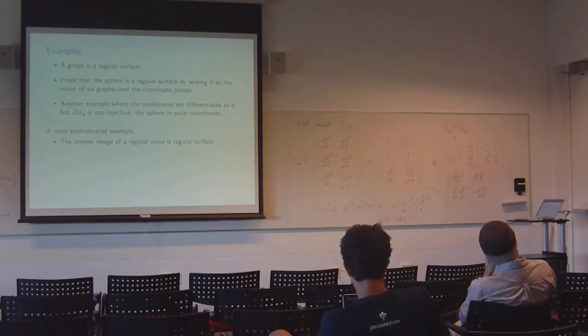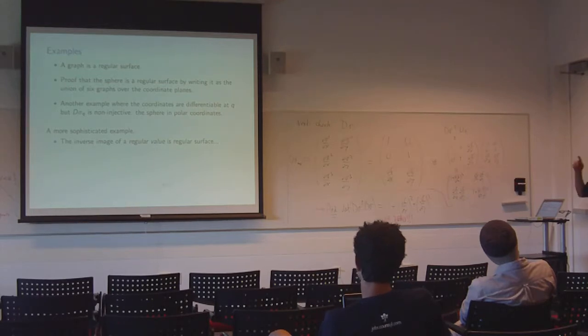You have 6 different graphs. You can use the equation x squared plus y squared plus z squared equals 1 to isolate the z, the x, or the y, and you can choose plus or minus in that square root. That gives you the top hemisphere, the bottom hemisphere, the back, the front, the left, the right.